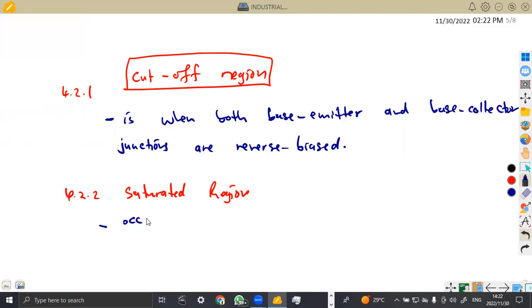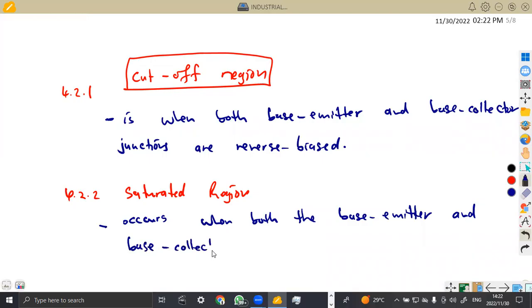Okay, so let me write: it occurs when both the base emitter and the base collector junctions are forward biased.